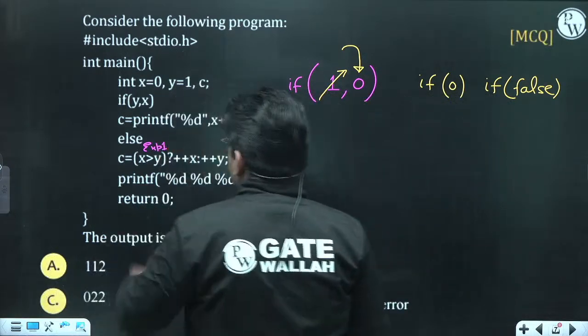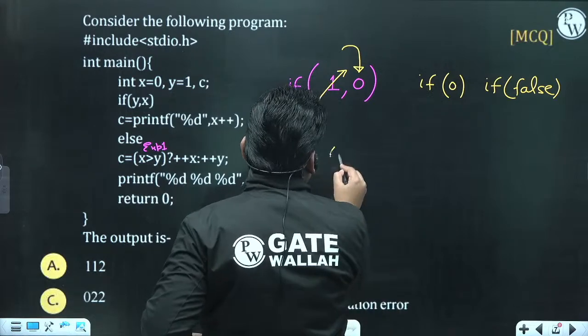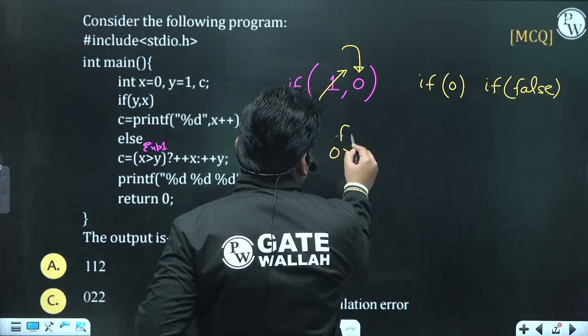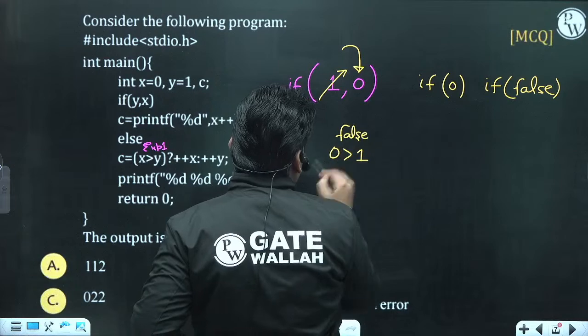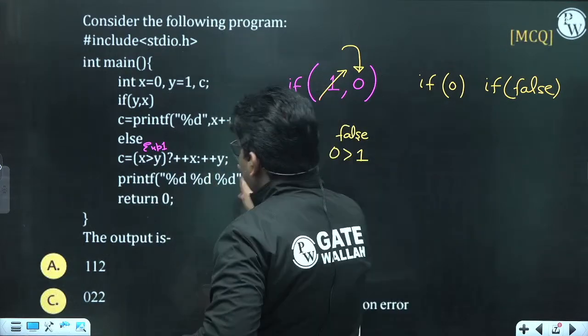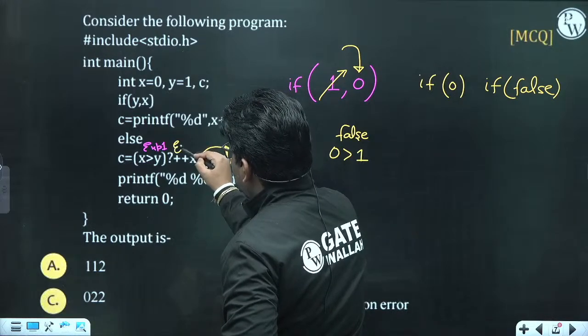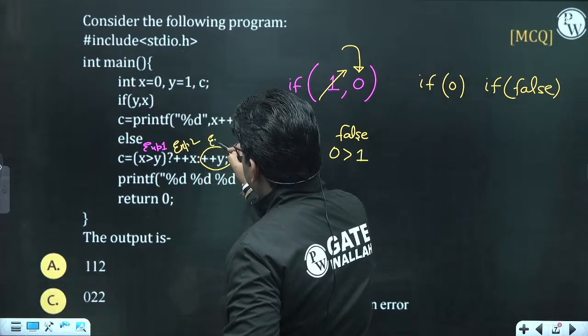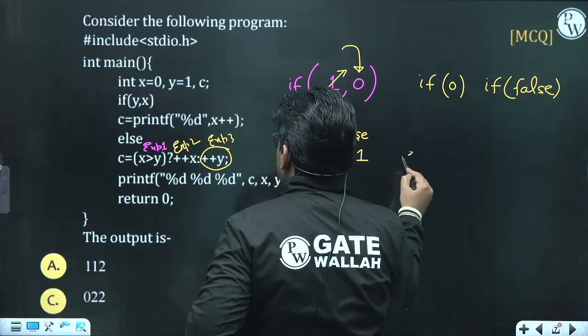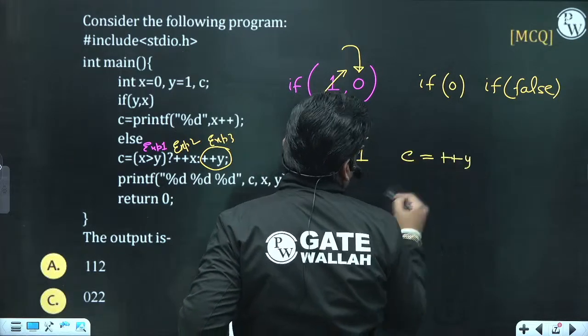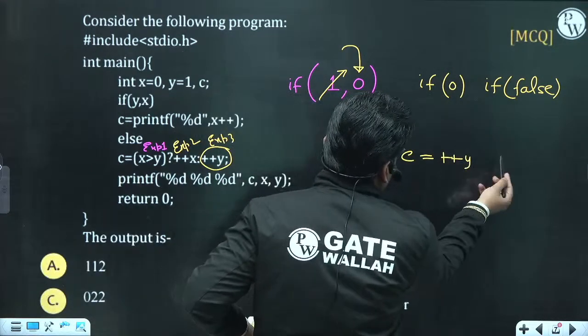Now, what is x greater than y? Sir, 0 greater than 1 becomes false. When this becomes false, the value of the entire expression becomes equal to the third expression. This is expression 1, this is expression 2, and this is expression 3. Now, c is equal to plus plus y.